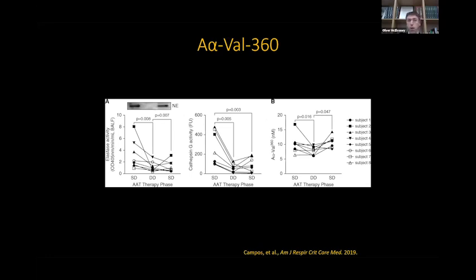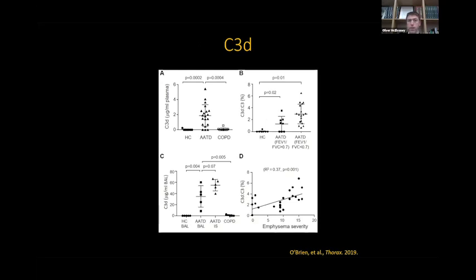Our group in Dublin has also looked at indirect measures of protease activity. In this example, we looked at complement C3 breakdown, and specifically the emergence of the cleaved C3D fragment, which is associated with complement activation and drives inflammation. C3D is increased in alpha-1 in blood and lung. We found that it correlates with disease severity quite nicely, both in terms of spirometry and also the extent of emphysema in alpha-1 patients.